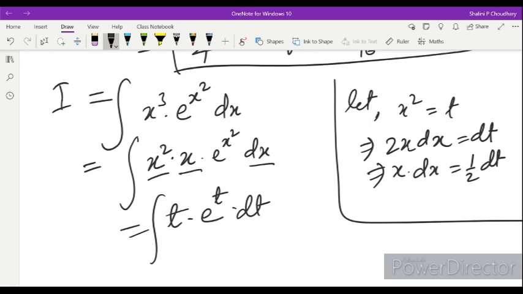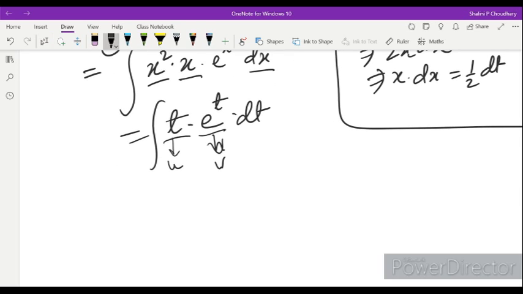LIATE: logarithmic function? No, there is no logarithmic function. Then algebraic function? Yes, t is an algebraic function and e to the power t is an exponential function. So here we will take this one as u and this one as v.